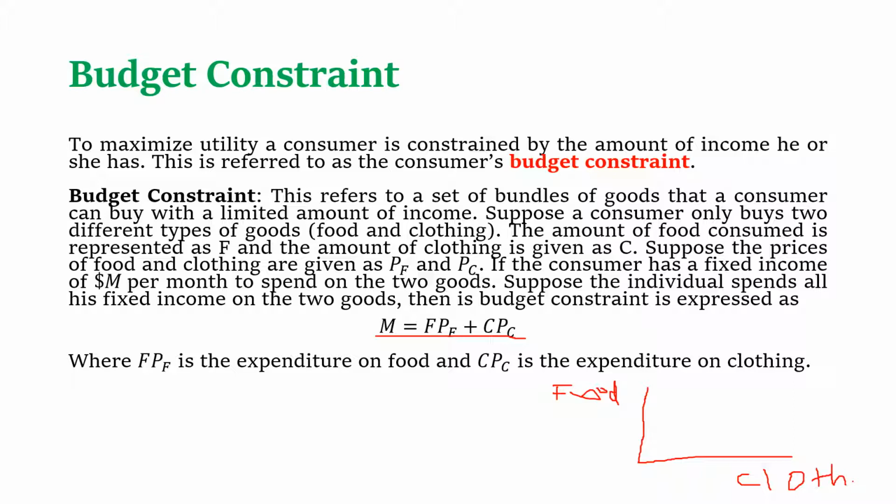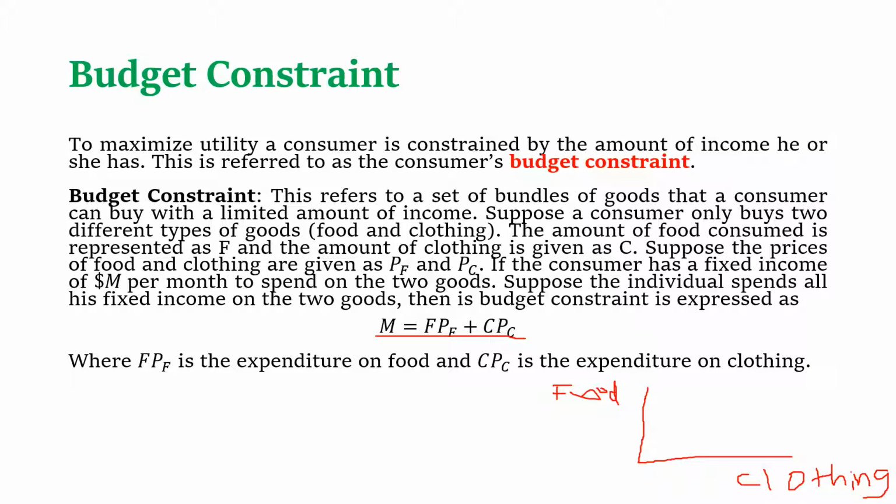I want you to pay attention here. This is really interesting, right? So that is the horizontal axis. So you have the vertical axis where we have food, and then the horizontal axis we have clothing. So looking at this budget line here, M equals FPF plus CPC. So we want to find the intercept.